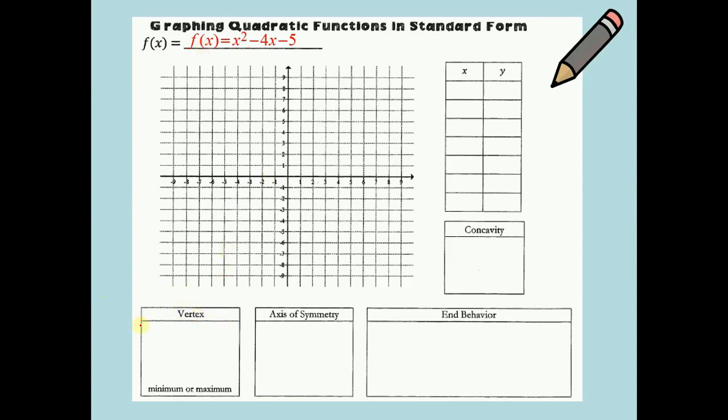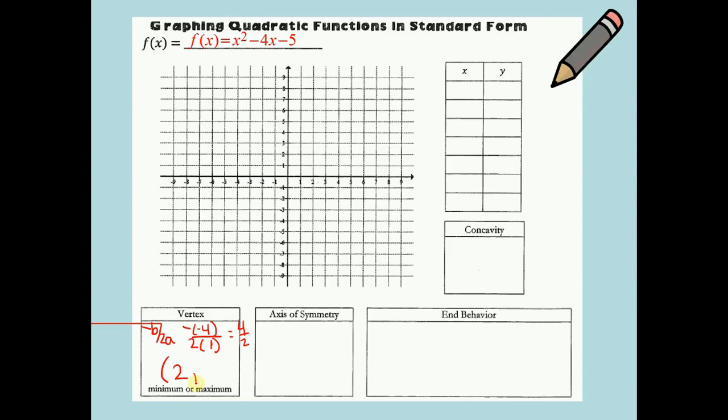vertex. So I gotta do the negative b over 2a business. So my b is -4. So it'd be negative -4 over 2 times my a, which is 1. So it would be 4 over 2, which is just 2. Right? Now your vertex is going to be written as an ordered pair.